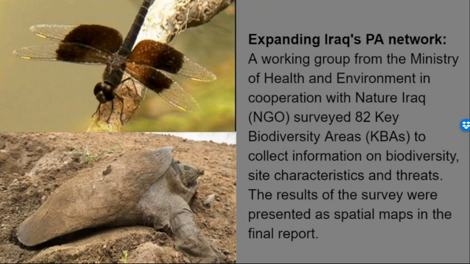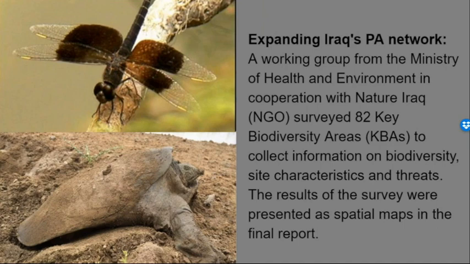When that survey is undertaken, information is also collected on the threats and the actual spatial coordinates of those sites, and information about the monitoring of the populations of some of the species is included.